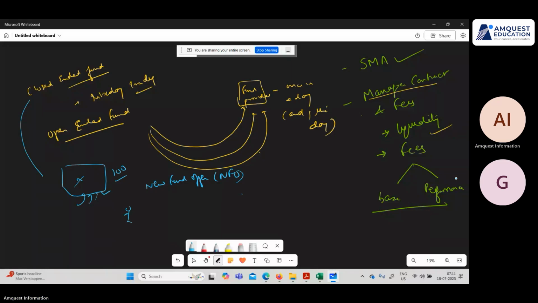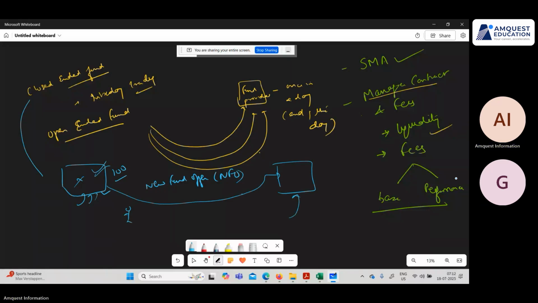Only the people who invested into this NFO have the holdings. So in that scenario, these things go to the exchange, and the people who invested before put their stocks on the exchange.